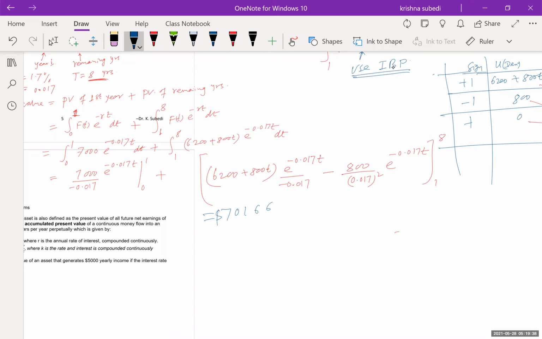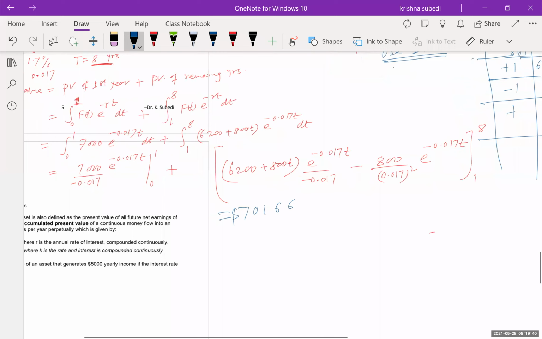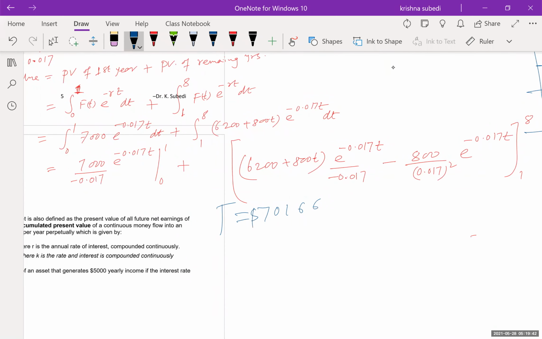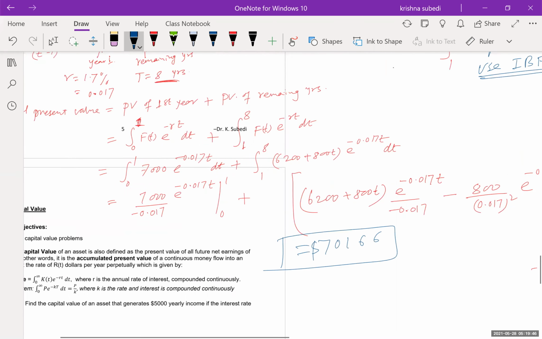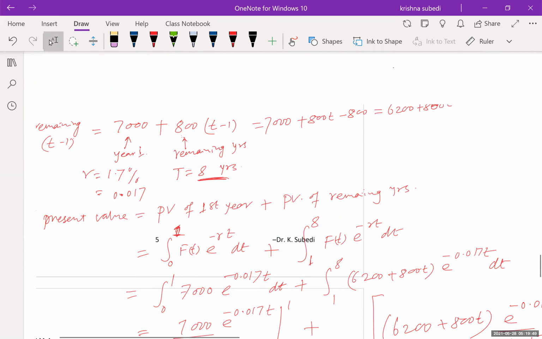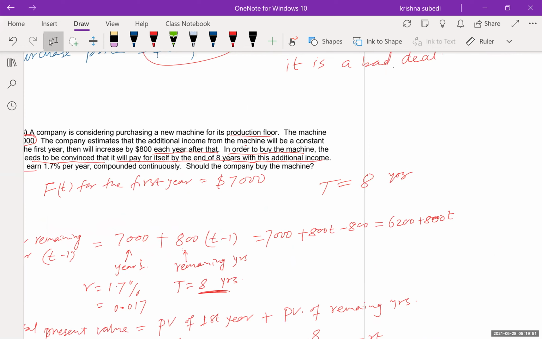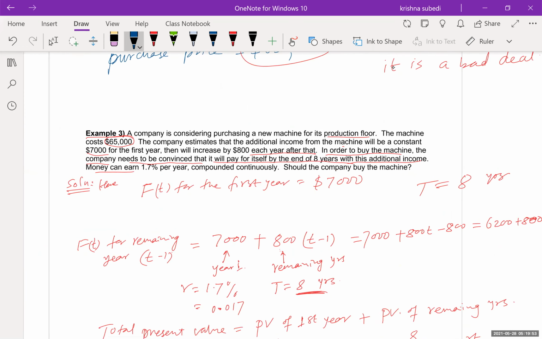All right, now let's look at whether it's a good deal or not. This is our present value, and what is the purchase price of this machine? The purchase price is 65,000.